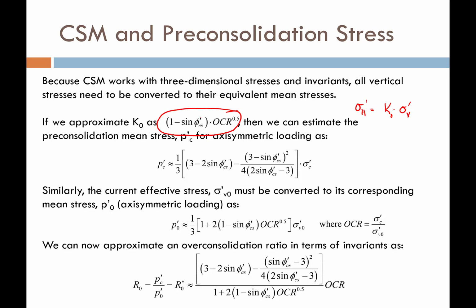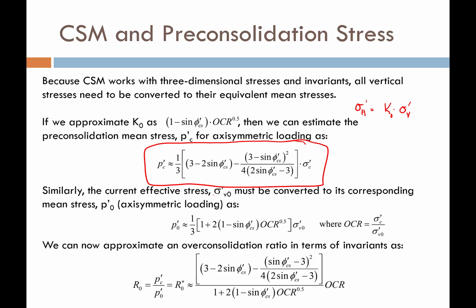So if we assume this equation for our at-rest earth pressure coefficient, and we want to get the mean stress associated with the pre-consolidation stress, we'll call it the pre-consolidation mean stress, it's going to be equal to this relationship right here, where sigma prime c is our pre-consolidation stress, just the vertical component of that. And then you can see we have our critical state friction angles. So that's the first step. We convert our vertical pre-consolidation stress to a mean pre-consolidation stress.